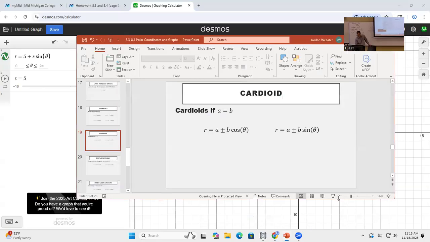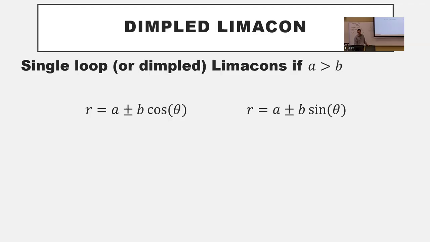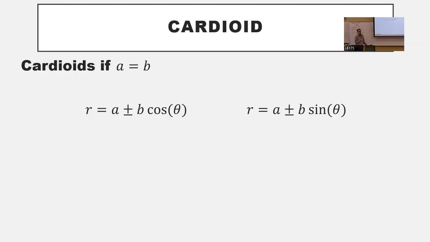So these shapes in general are called cardioids. All right? Excuse me, I misspoke.